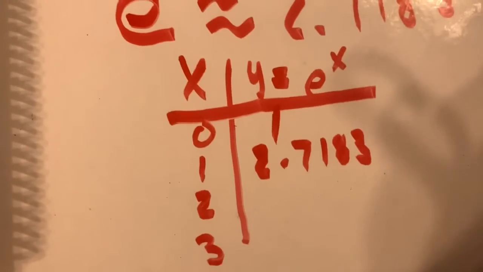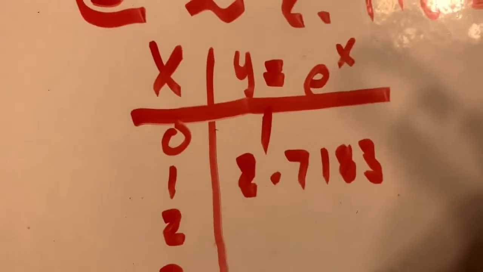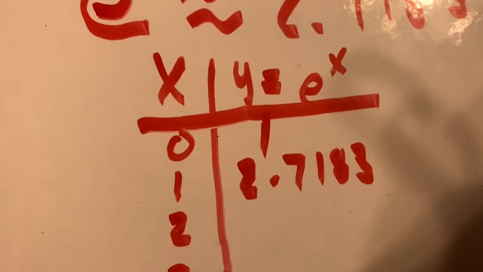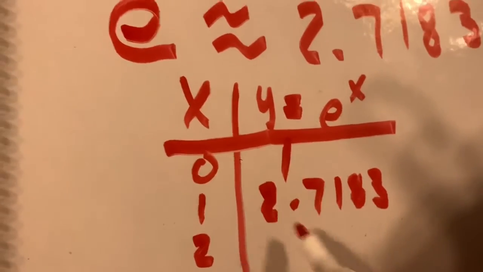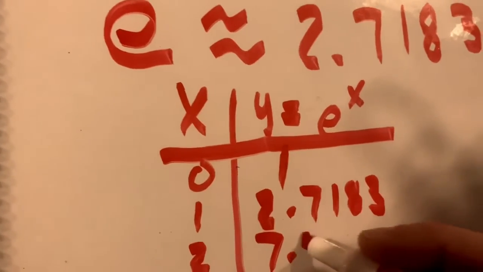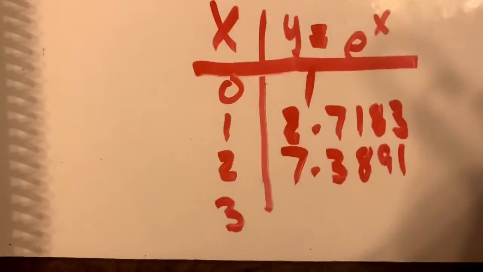I'm going to round that to the nearest ten-thousandth. If x is 2, e squared, well, if I know what e is, I want to square this. So this times itself ends up being approximately 7.3891.